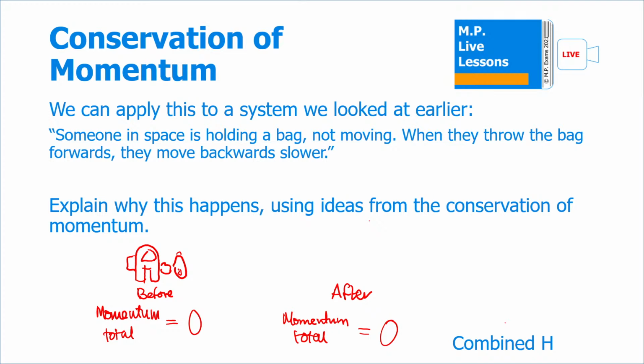We know that the bag will move forwards. This will have a positive momentum, whereas the astronaut will have negative momentum to balance this out.